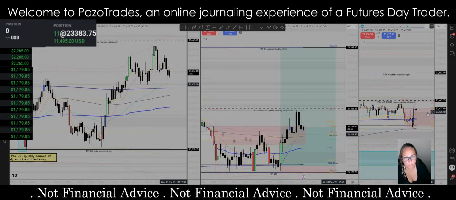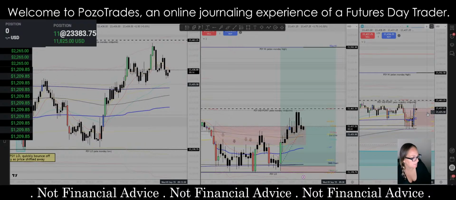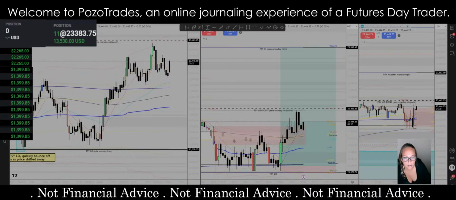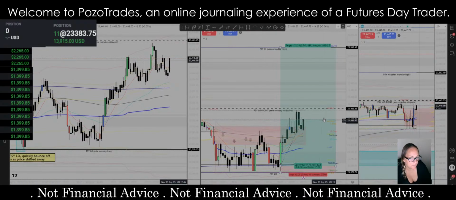I was bad and I actually moved my stops, so I'm still in this. I want to see if we just push straight back into this wick on the 5 minute, pushing up. We have lots of imbalances up here on the 1.